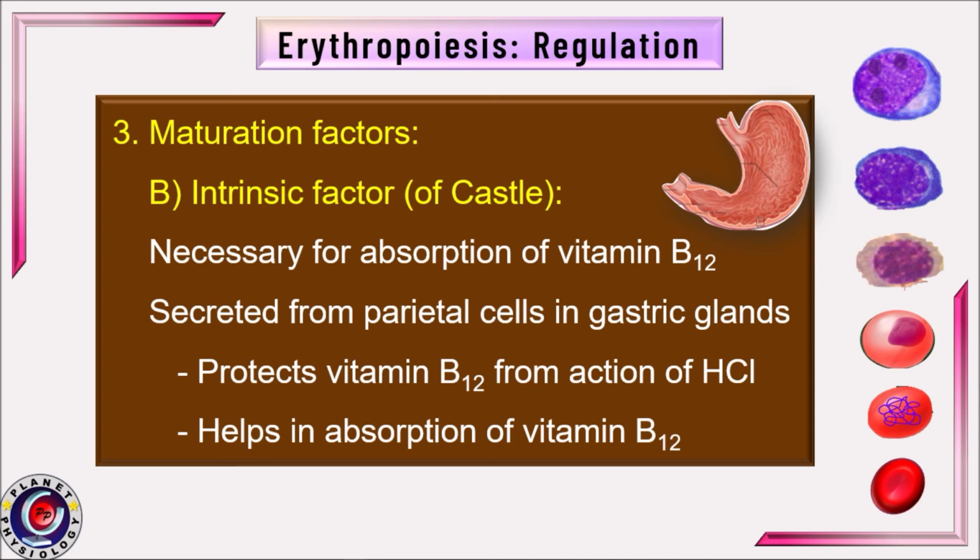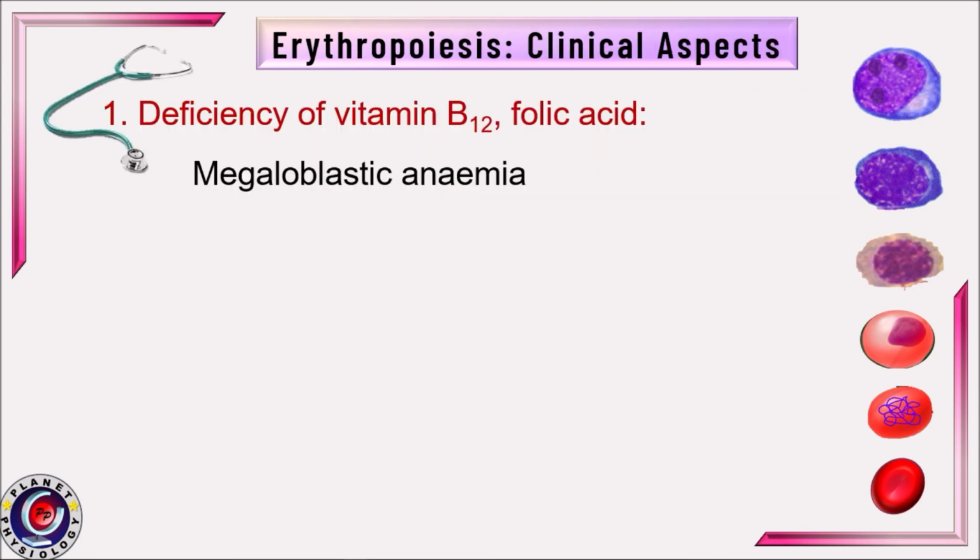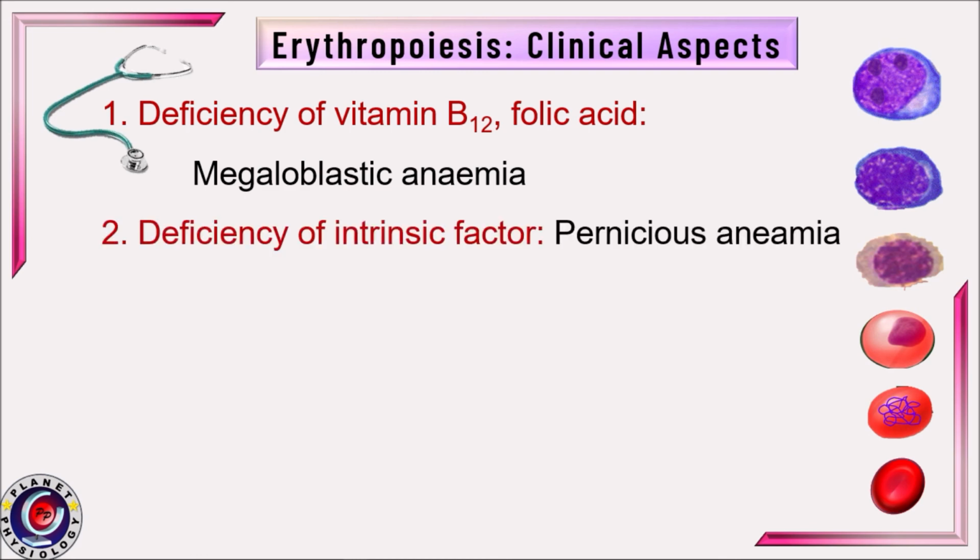Let us study some clinical aspects associated with erythropoiesis. If there is any deficiency of vitamin B12 and folic acid, there will be maturation failure anemia, and in this anemia RBCs will be bigger in size and this is called megaloblastic anemia.